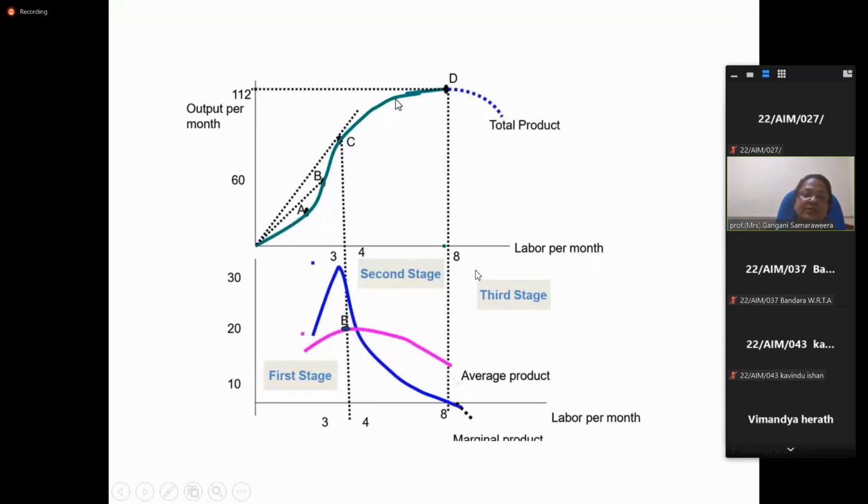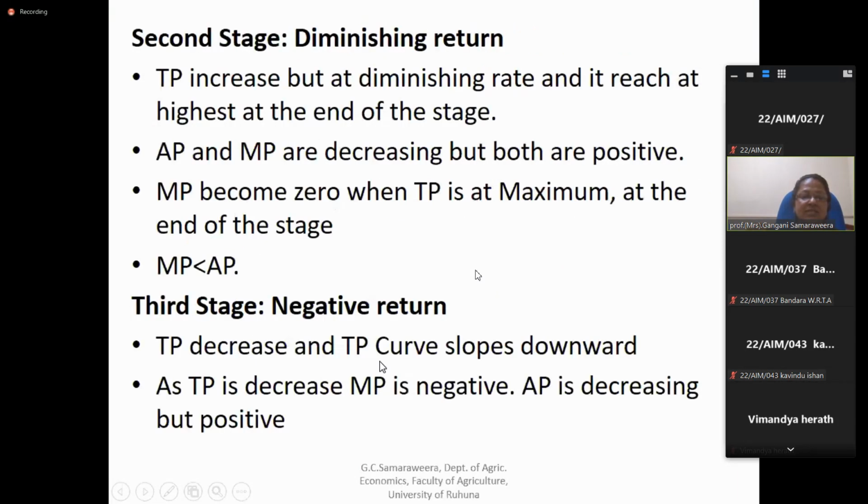Even though it is at a decreasing rate, it is increasing. Average product means just total product divided by number of units. So average product is also increasing at a decreasing rate. Then this is more than that. Average product is more than the marginal product. Now is the second stage also clear to you all?